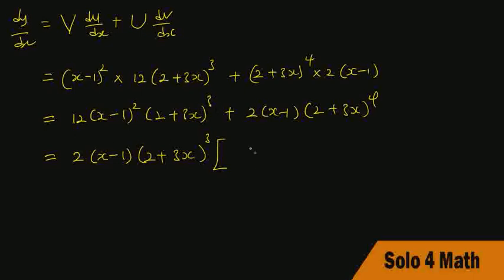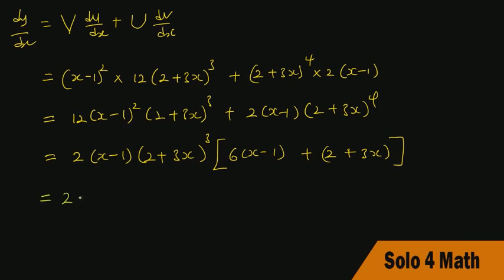So what do we remain with here? This one remains 6 (x minus 1), because this one has reduced by 1, and this one is not there, it is already out. So plus, what remains here? Just this (2 plus 3x), because we removed (2 plus 3x) to power 3, so we remain with 1.